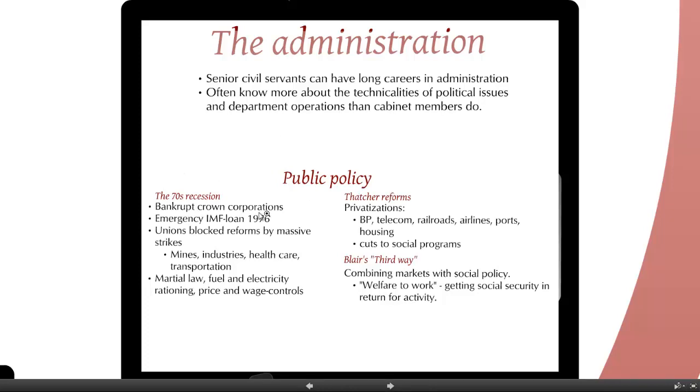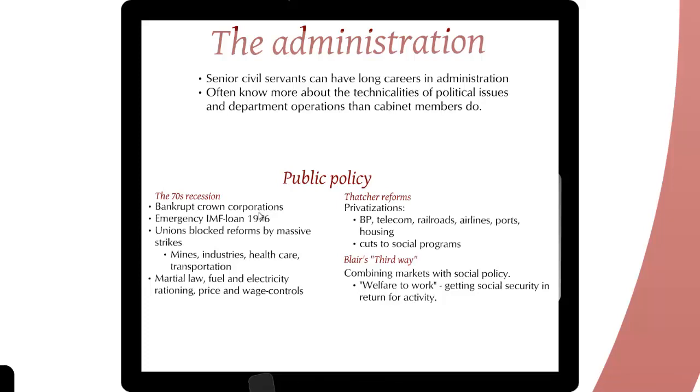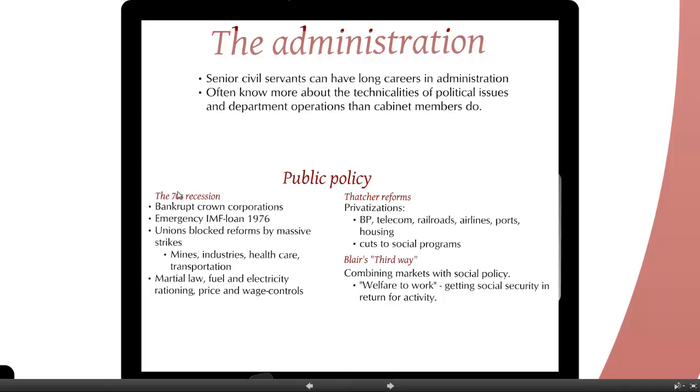We can't really discuss public policy in the United Kingdom without talking about the huge policy shift and the reorientation of public policy that came about after the 70s. In the 70s, the recession was quite severe in the United Kingdom.